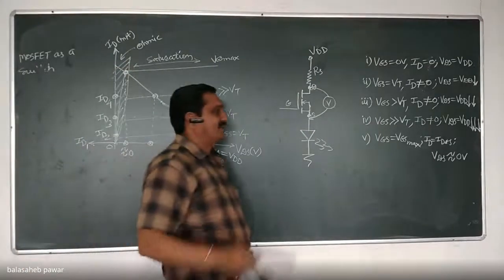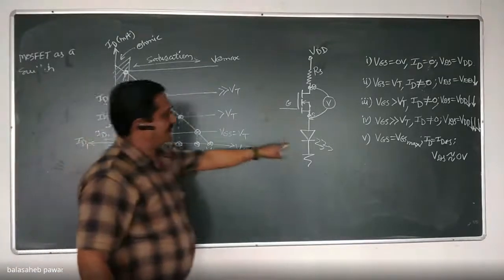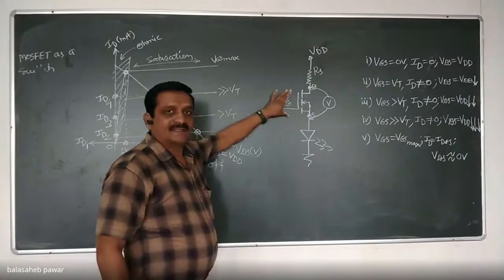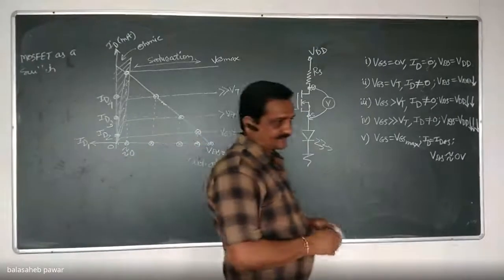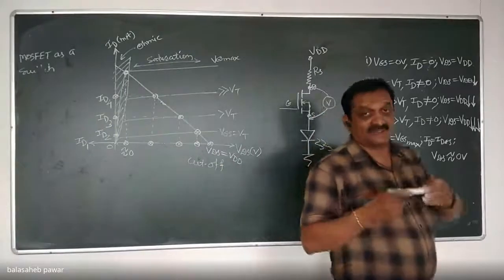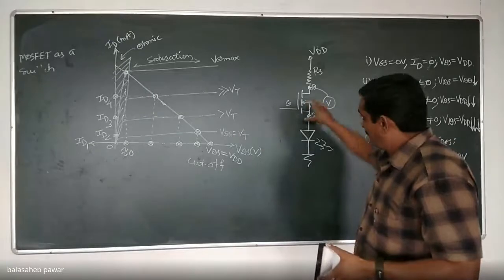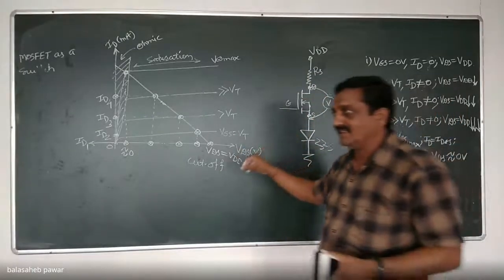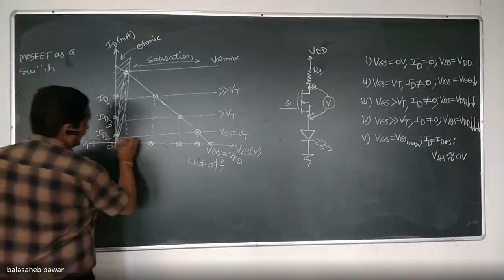Okay. And now the last part, if I have to turn off this LED, that means this MOSFET should get turned off. It should act as an open circuit, an open path. Now, this MOSFET as an open circuit, in which region will it be possible? In the cutoff region.